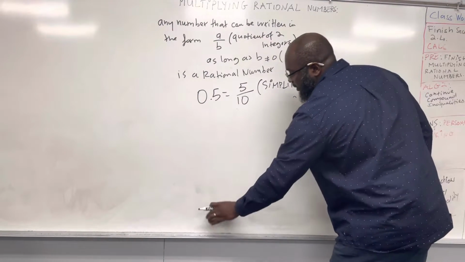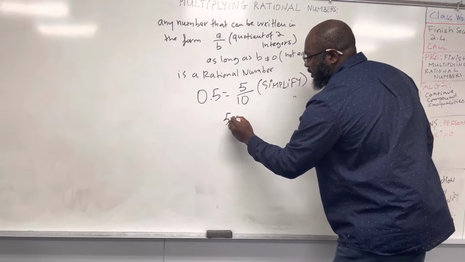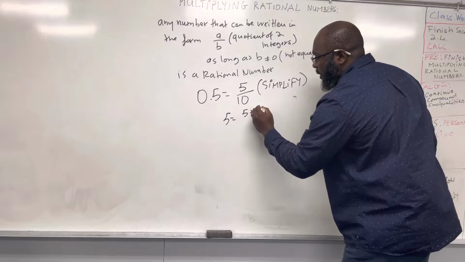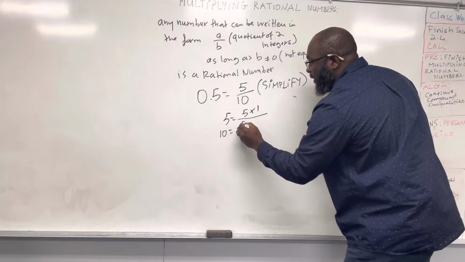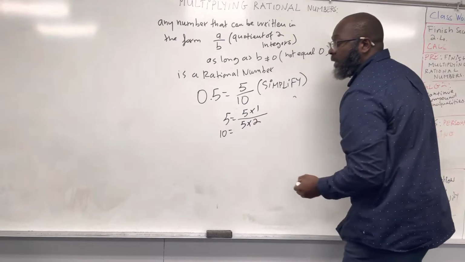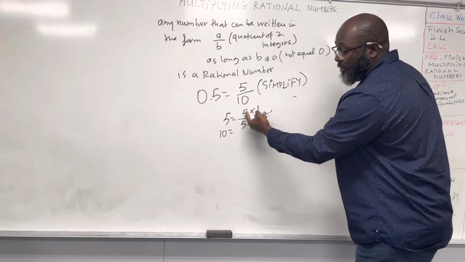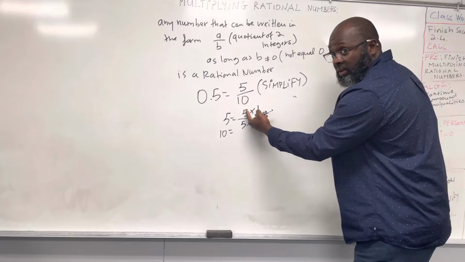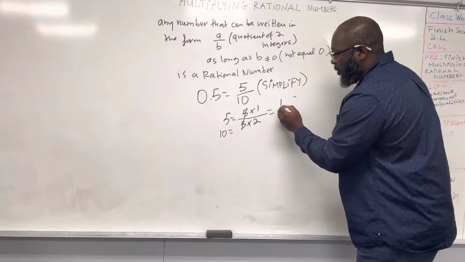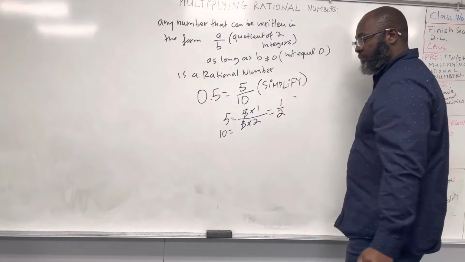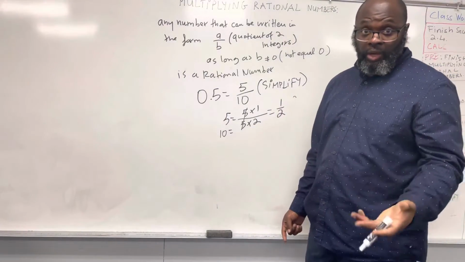I'm going to rewrite this. 5 would just be 5 times 1. And 10 will be 5 times 2. And now you have the same term on the numerator and the denominator, you can just cancel it out. So this becomes 1 over 2. So 5 over 10 is 1 over 2.